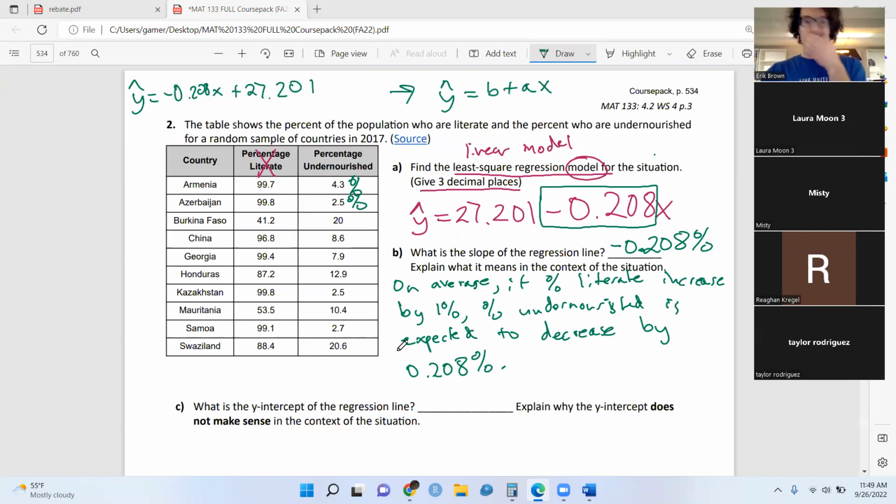We'll check the project one, because I think the project has it as well. The things that you are changing, let me highlight that again. You are typing in this piece. You are typing in this unit. You're writing this context. You're deciding whether it should be increase or decrease based on that sign.